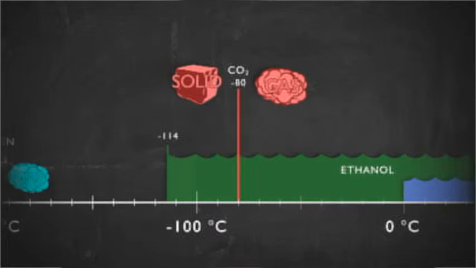So the phase diagram of carbon dioxide appears strikingly different from that of water. Namely, at high temperatures, that is above minus 80 degrees Celsius, carbon dioxide is a gas. At lower temperatures, that is below minus 80 degrees Celsius, carbon dioxide is a solid. So there's no liquid phase in the carbon dioxide phase diagram. Now, solid carbon dioxide is something that you've also probably experienced.